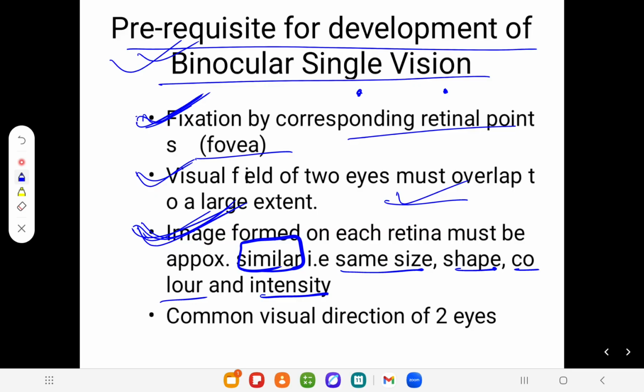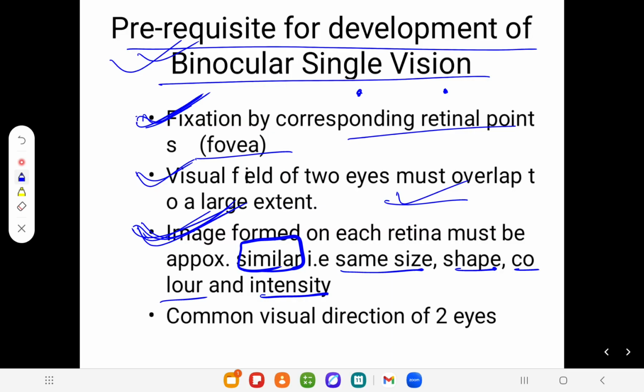Can't you see that in the synoptophore? There are different sizes, like for example, the cage and the lion. But if you want to examine fusion, then there is a rabbit with the tail and without the tail, with the ear and without the ear. Well, the shape is almost similar.